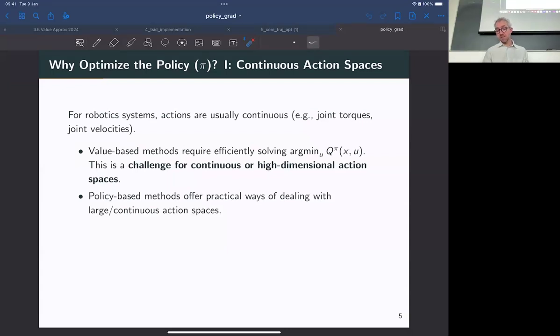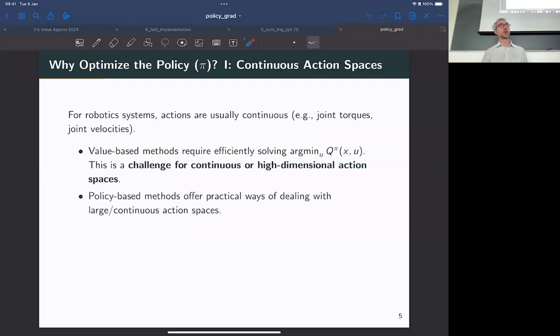And maybe you can even hope you're able to do it, but it's going to take a lot of time. And so that's going to slow down immensely your reinforcement learning method. So dealing with continuous actions with value-based methods is challenging. It's not impossible, people have done it, but it's very challenging.